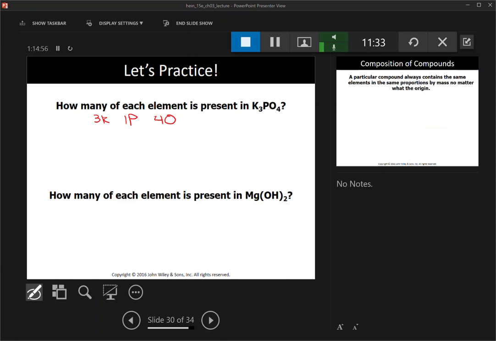Let's look at another example. This is the formula of magnesium hydroxide. You will learn how to name these compounds. So magnesium hydroxide, this formula tells me, is composed of magnesium, oxygen, and hydrogen.